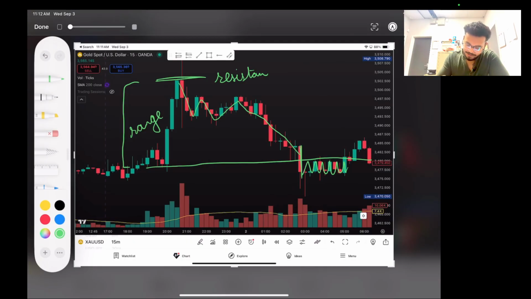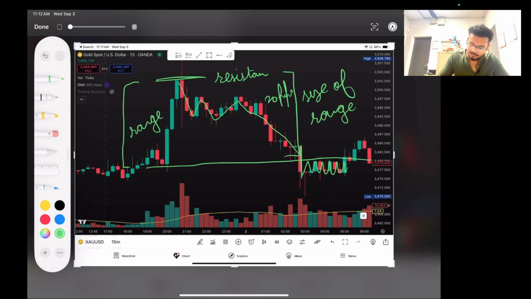So whenever price moves within a range, it is a little risky to trade, but it depends upon the size of the range. Let's say if it's 20 pips only, that is a no-trading zone.